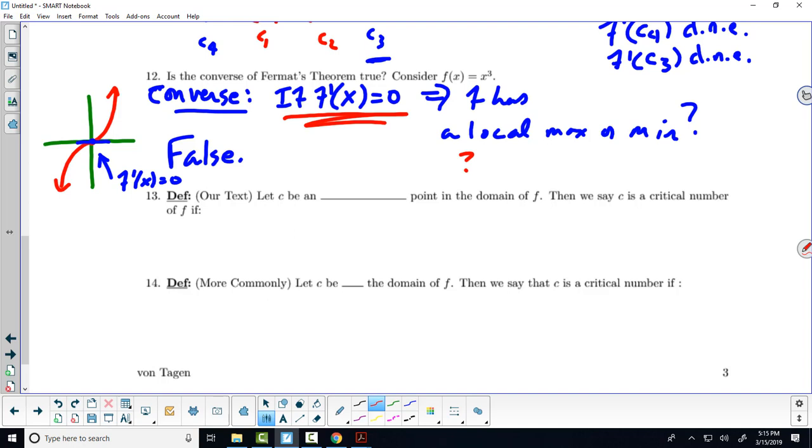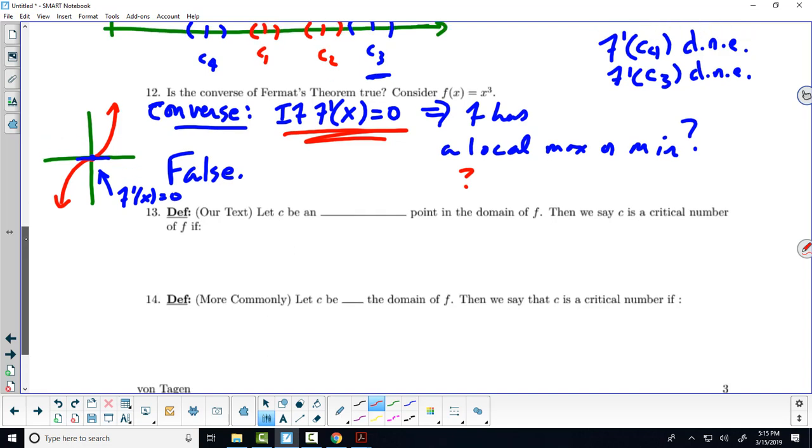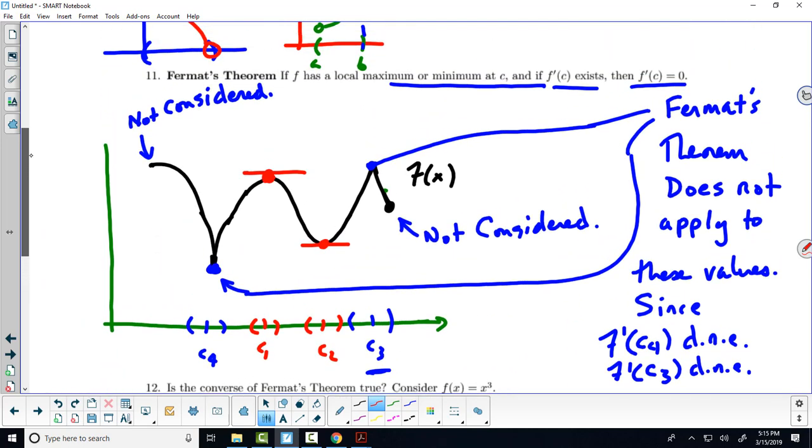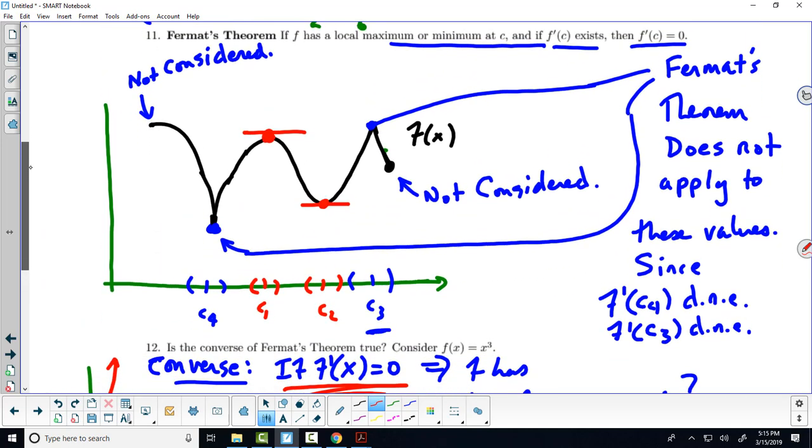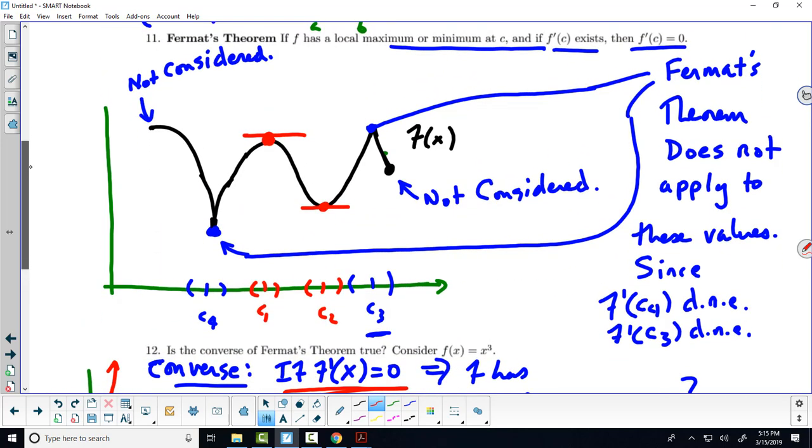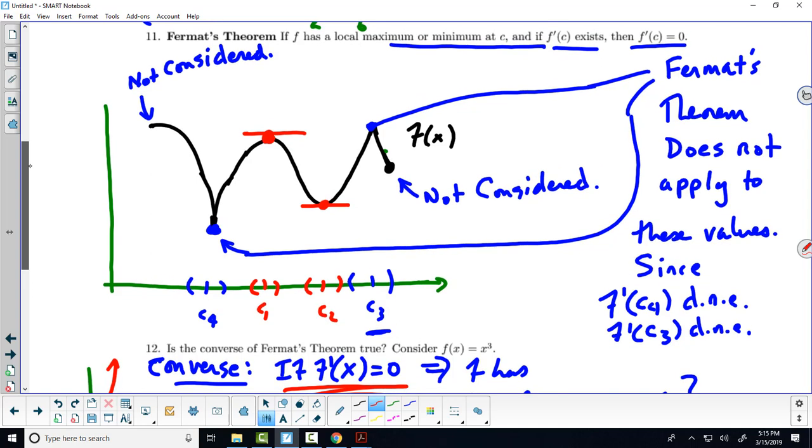We've just got what's called an inflection point there. We'll talk about that later. But here we see an example where the converse of Fermat's theorem is not true. So just because the derivative equals 0 does not mean you're going to have a local max or min. Remember what Fermat's theorem said, though. It said if you have a local max or min and the derivative exists, then that derivative must be 0.